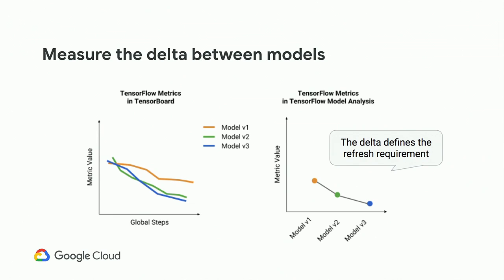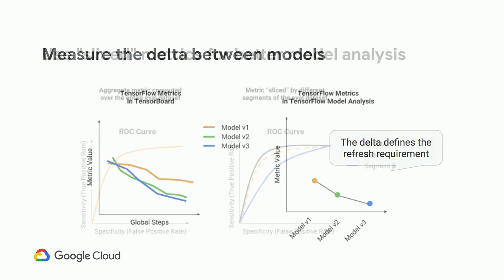So you can easily find the derivatives of the accuracy between different timestamps, so that you can define the refreshment requirements of your model, whether you want to retrain the model every day or every week or every month and so on.